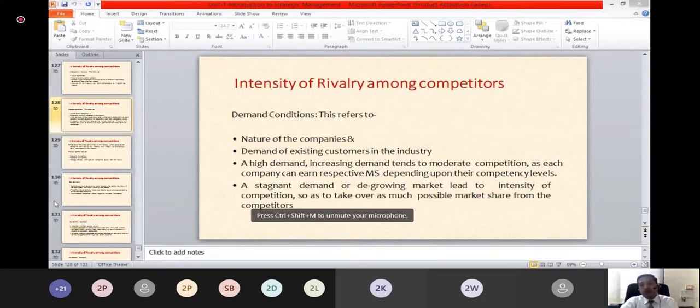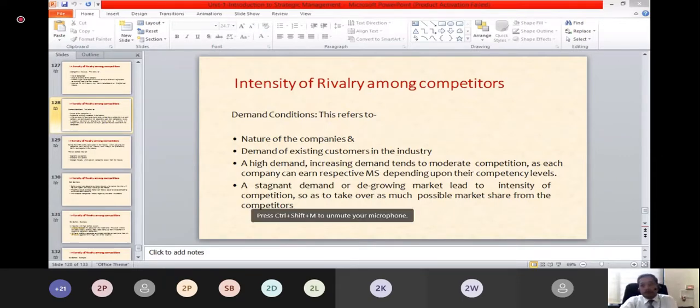If there is any industry where there is a stagnant demand, if the demand is not increasing, or there is less demand which is not a growing or degrowing market, or if the demand is declining, that leads to intensity of competition so as to take over as much possible market share from the competitors.